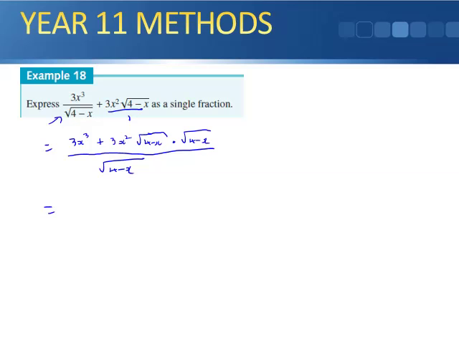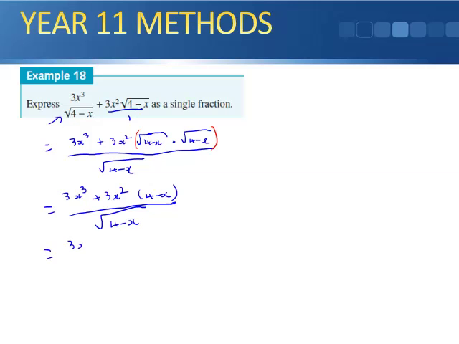So I get 3x cubed. Well, first of all, let me work that out, because that's easier to work out. That's just going to be 3x cubed plus 3x squared, and a half times another half of the same thing just gives me 4 minus x, giving me that same thing, all divided by square root of 4 minus x.